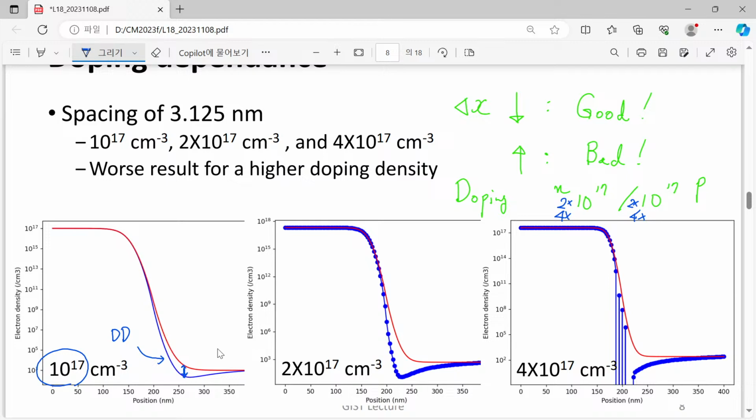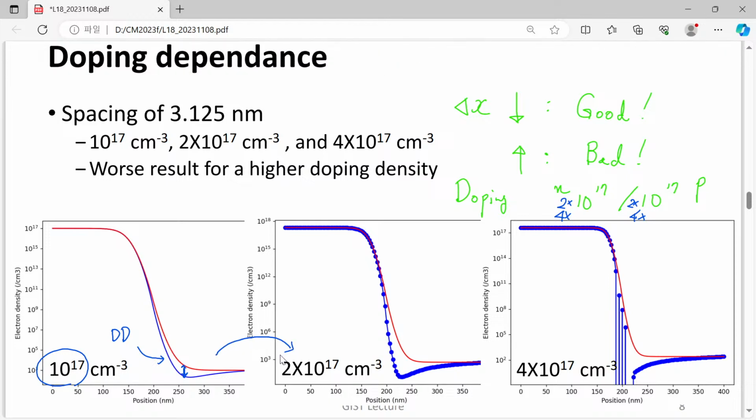But when we increase the doping density slightly, twice, what happens? Although we still don't have any negative density, you can see that the amount of deviation becomes larger. So the doping density has some impact on the quality of our solution.